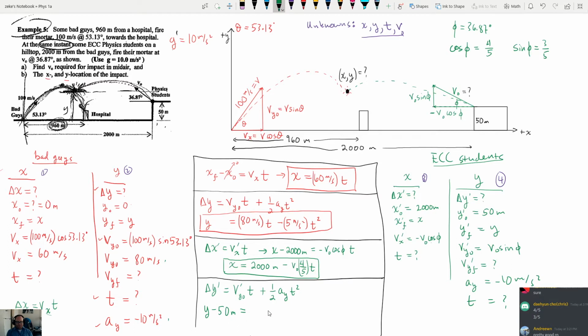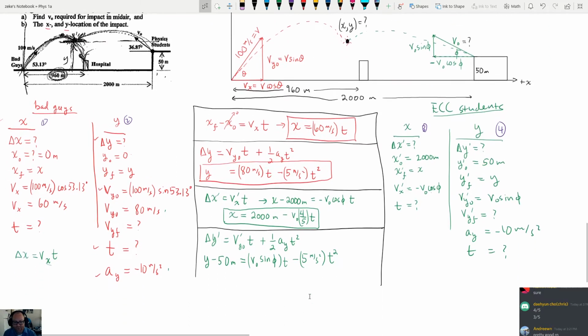Vy prime is v naught sine theta, or sine phi, times t, and again minus 1/2 of 10, so 5 t squared.